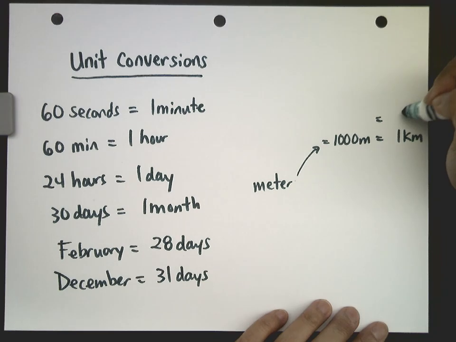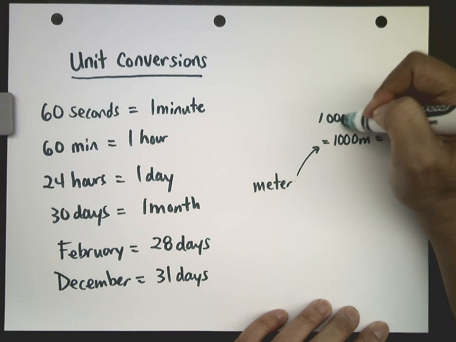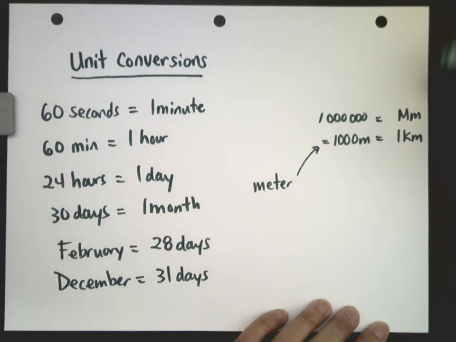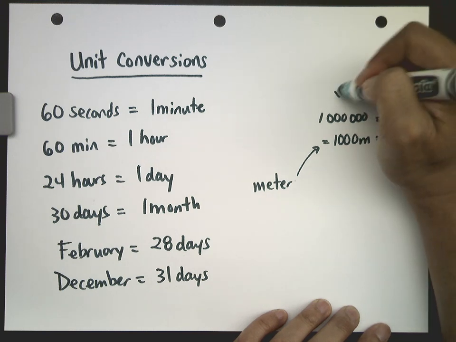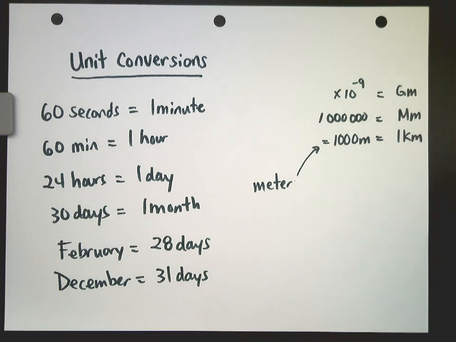Let's continue. If you want a megameter, you need quite a few, a million. And if you need a gigameter, then you need a billion. And instead of writing a billion, this is much easier to write, which is times 10 to the 9.